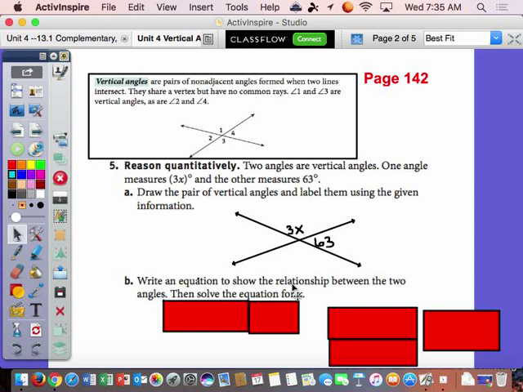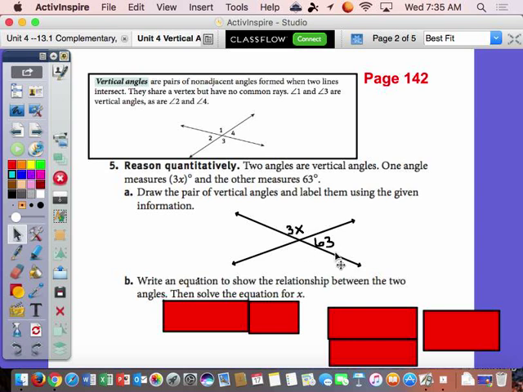Then it says write an equation to show the relationship. So we talked about supplementary angles. If you take out this angle right here, almost put your hand over the screen and cover it, then this right here is a straight line, which we know measures 180 degrees, cut by this ray right here, meaning these two angles are what?